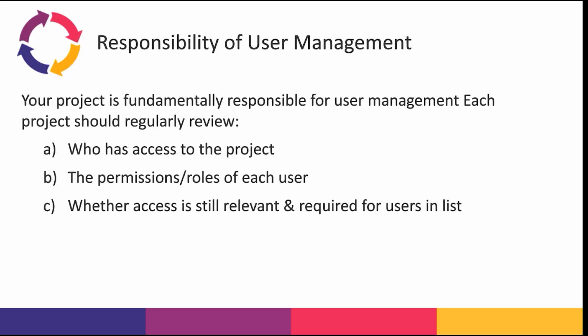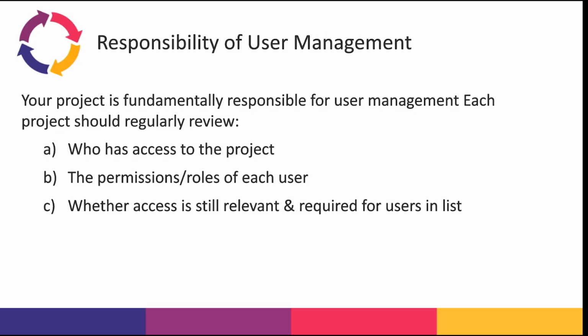So essentially, your project is responsible at the core level for the user management. So this means that it will be really important to regularly review by checking the user list, which I just showed you, who has access to the project, the permissions and roles of each user, so to check whether those still apply. Someone might have been a project manager at a certain point and now no longer requires those functions and is working a bit more as a project editor or project reviewer.